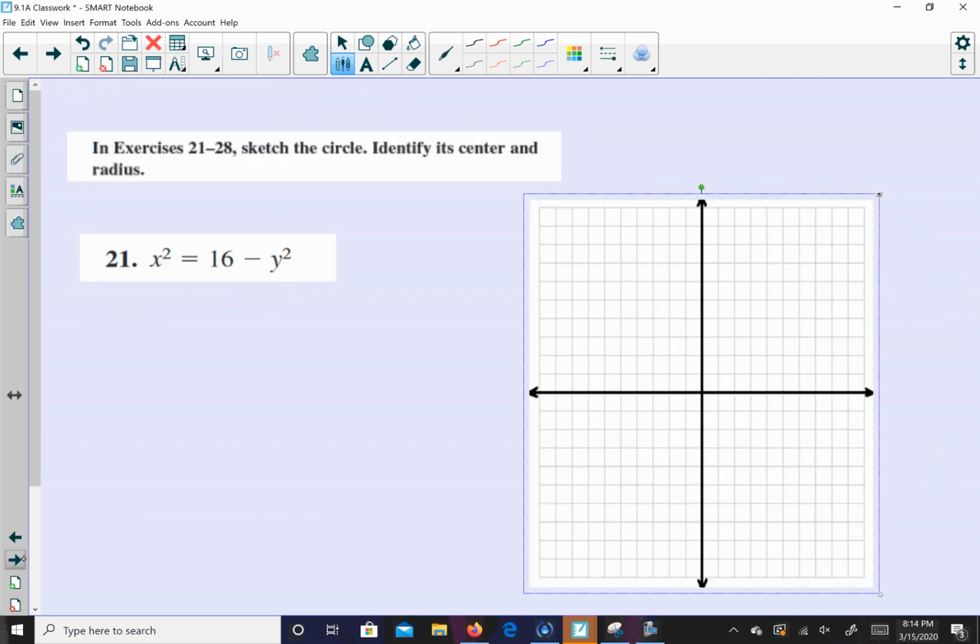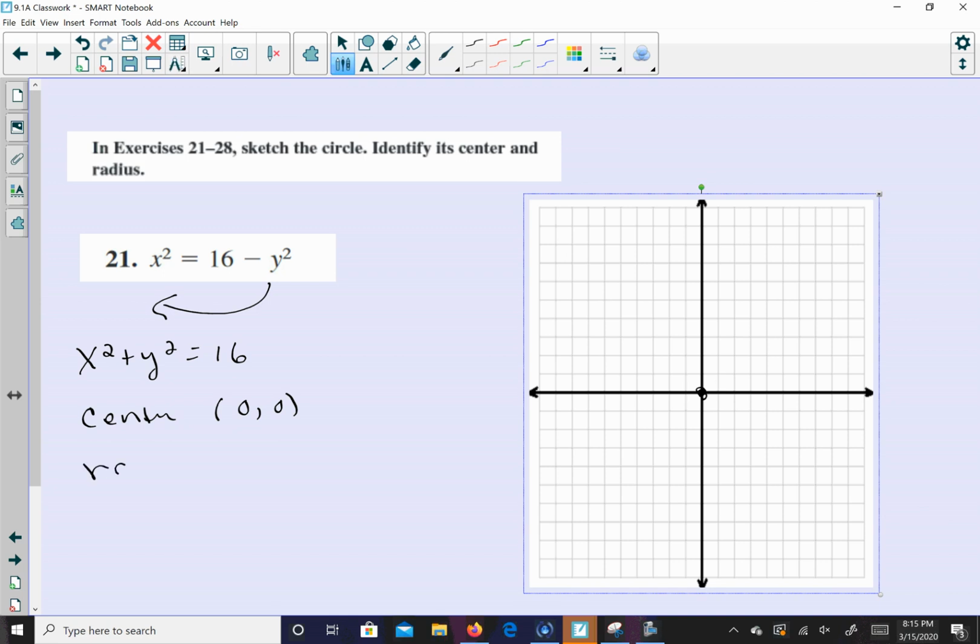Moving on. It says sketch the circle, identify the center and the radius. So this one I'm just going to move this y squared over to the other side. So I'm going to have x squared plus y squared is equal to 16. My center is going to be the ordered pair 0, 0. So my center is going to be at the origin. So I'm going to plot that center right there.